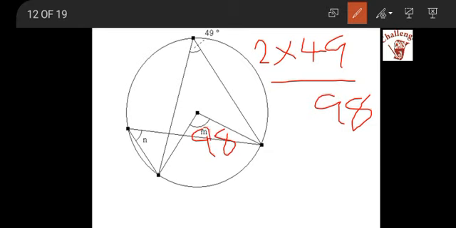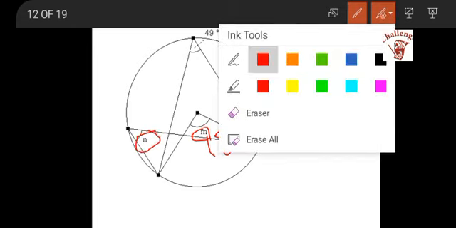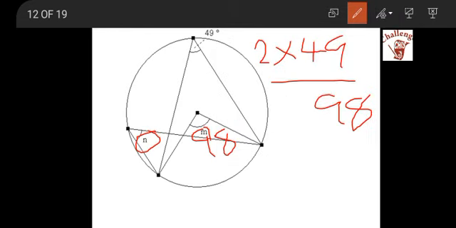And then easily we can find N. If you just realize that to find the value of N, this angle N lies on the same points as this angle at the center.